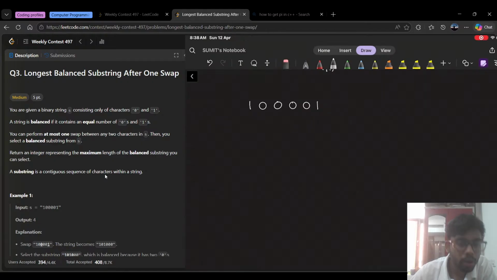The definition for a balanced substring is that the number of zeros must be equal to the number of ones. If I'm going to use a sliding window, then first of all my window size will be the count of ones and the count of zeros. So the count of ones is 1, and when I move, the count of zeros is 1. So for now, it's balanced.